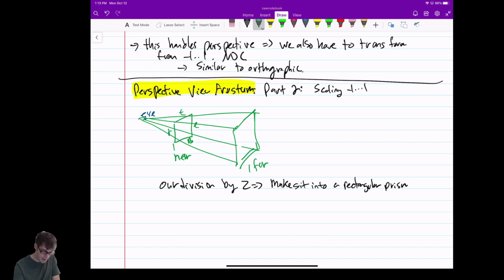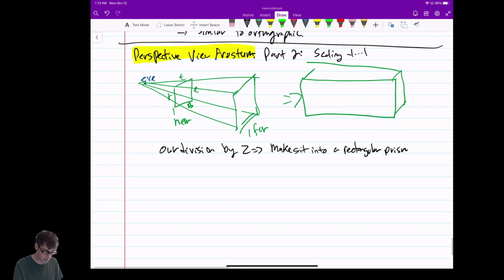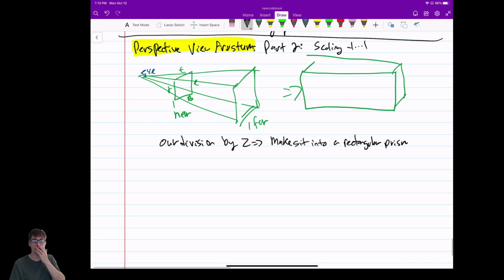That part of the transformation already gives us this kind of shape. It takes the Z at the far, it squishes it in. The division by Z just brings everything in. The further away it is, the more it gets squished in. So after we divide by Z, we're basically into an orthographic projection. We collapse the depth. So let's look at how that works without breaking the things we've already done.